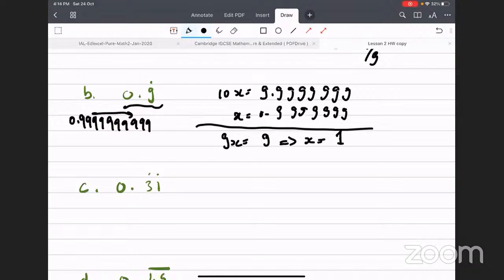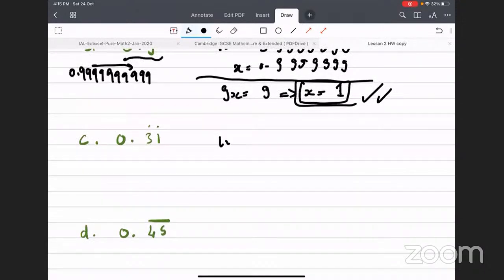So somehow there's no difference between this and this. So basically, yeah, 0.9 recurring is 1 because infinity sort of causes some problems. So it's 1, yeah. Okay, good.